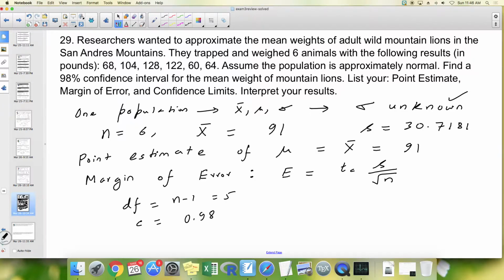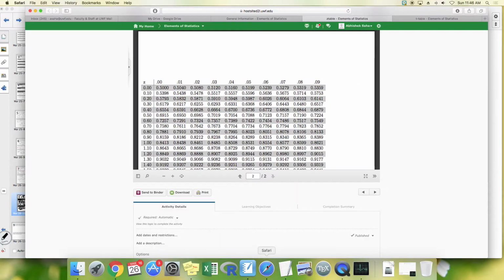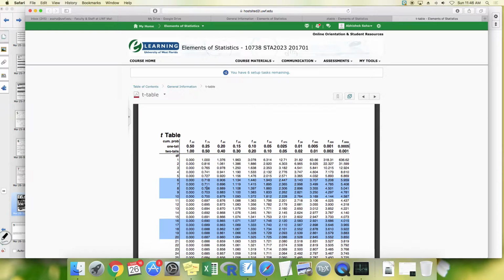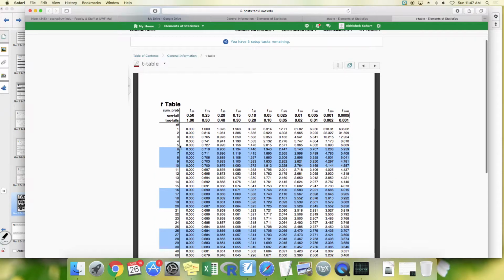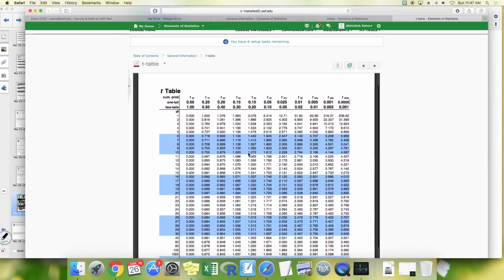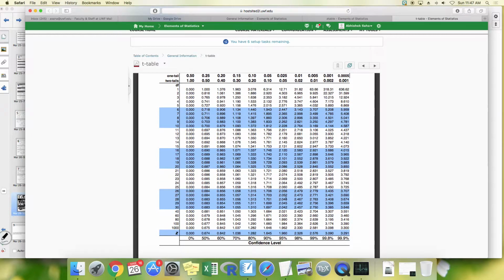All right, so with that, let's look at the T table. So we have to look at this row for 5, and we have to look for 98%, which is here.